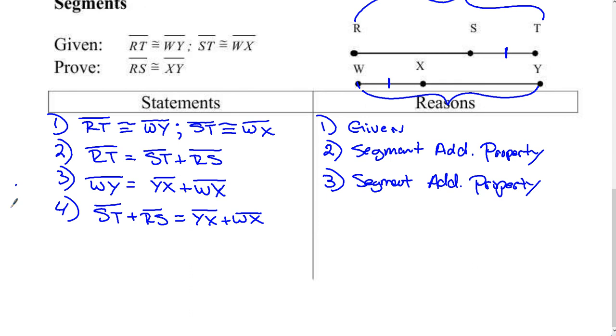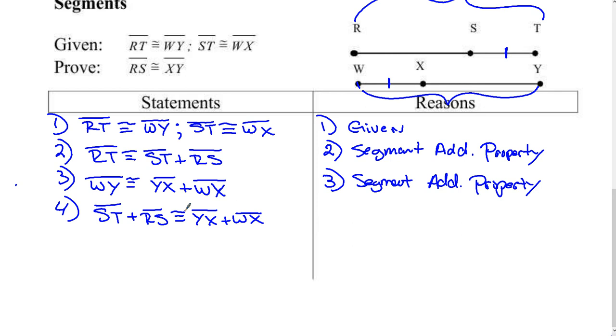Here's a hint. Isn't this RT? Oh, these are all congruent signs. So this one is RT, isn't it? And this one's WY, isn't it? Don't we have a statement that RT is congruent to WY?